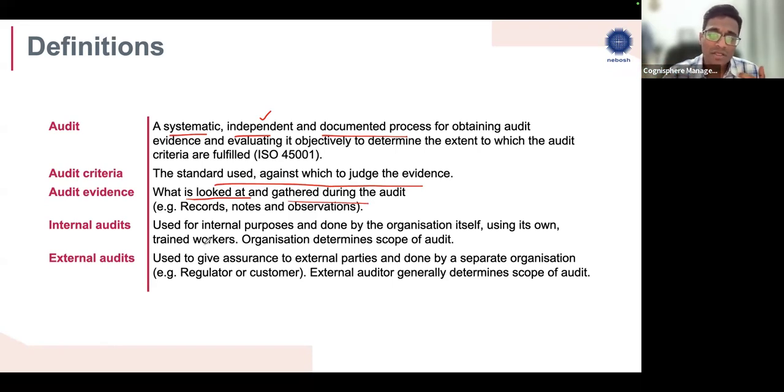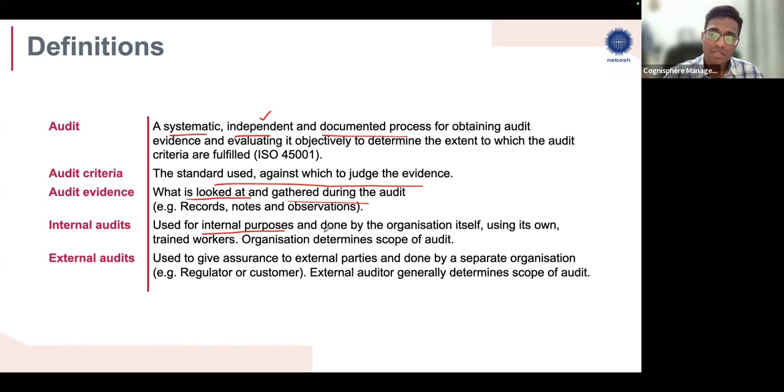So internal audits are used for internal purposes and done by the organization itself. So for example, the health and safety person in charge may carry out an internal audit so that it ensures that the system is ready for an external audit. Okay. So for example, in the month of August, an ISO audit is going to happen.